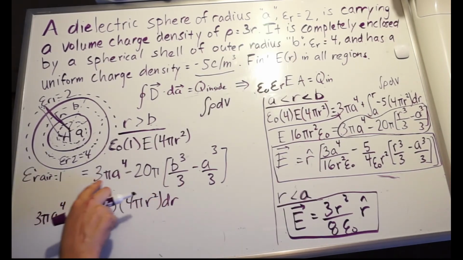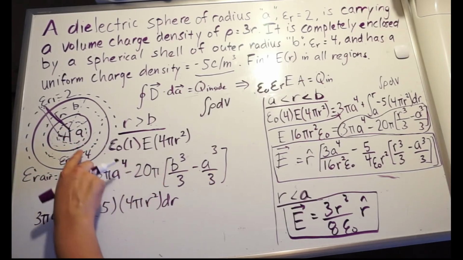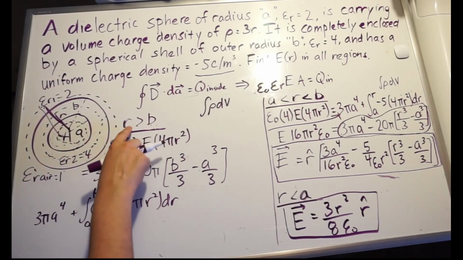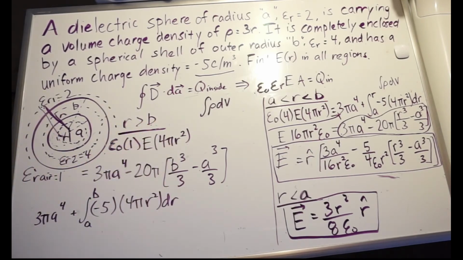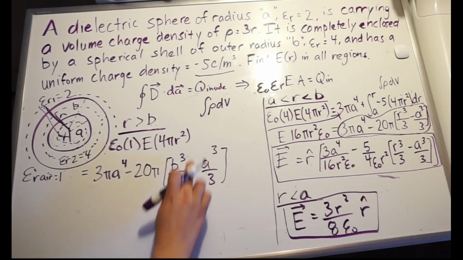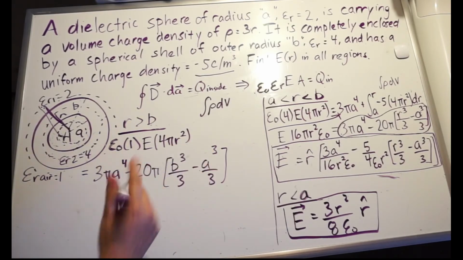So you have the charge inside of A and the charge between A and B. So that's the total charge when R is greater than B. Okay, so this is your right-hand side of the equation, this is your left-hand side. We can go ahead and simplify this.